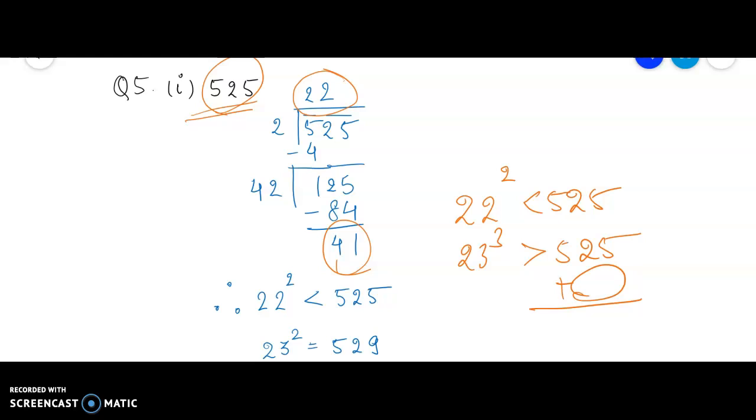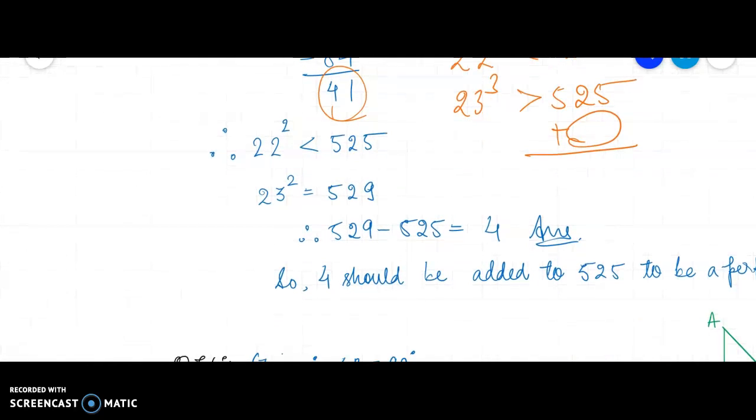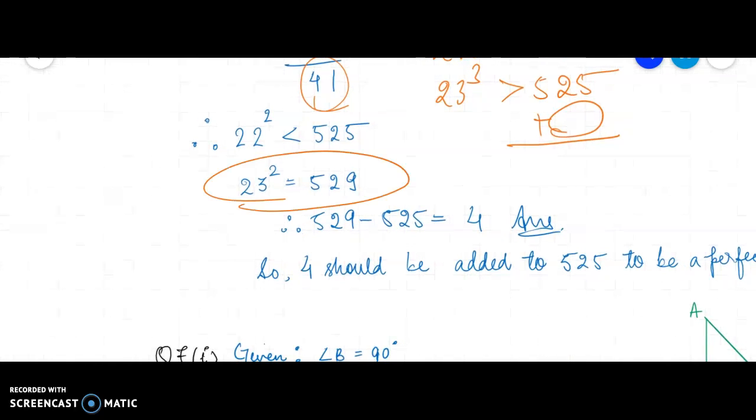So yeah, 23 square is 529. You can calculate it separately, that 23 square is 529 and 525 is smaller than 529.